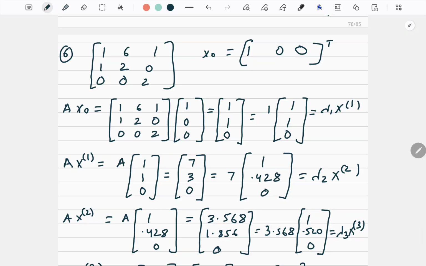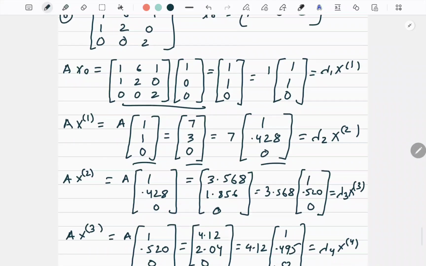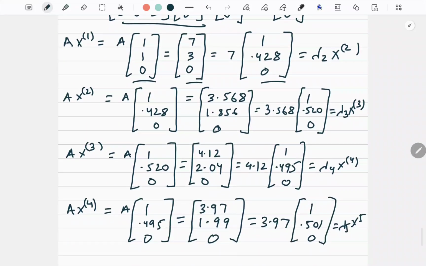Now look at the next question. Initial solution is 1 0 0. Multiply. Get it. Then again the same process you have to keep on repeating. Right? In case in the exam, if you start with a certain vector and it is not converging, or in the beginning only the same vector is coming, then you need to change your initial vector. Maybe immediately you will get it.